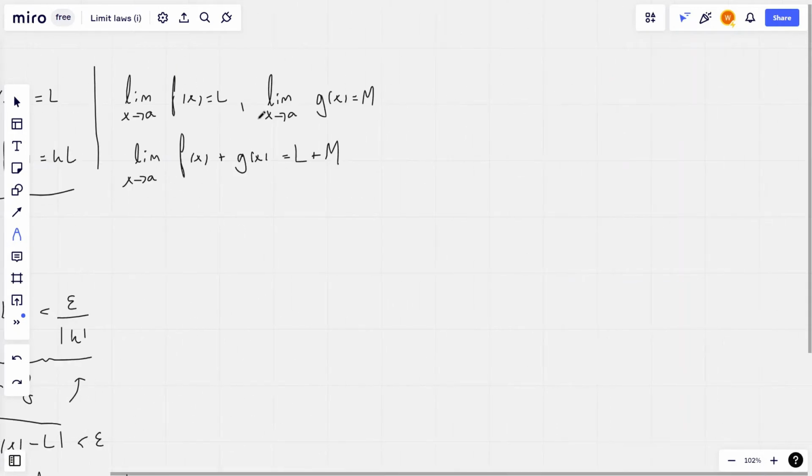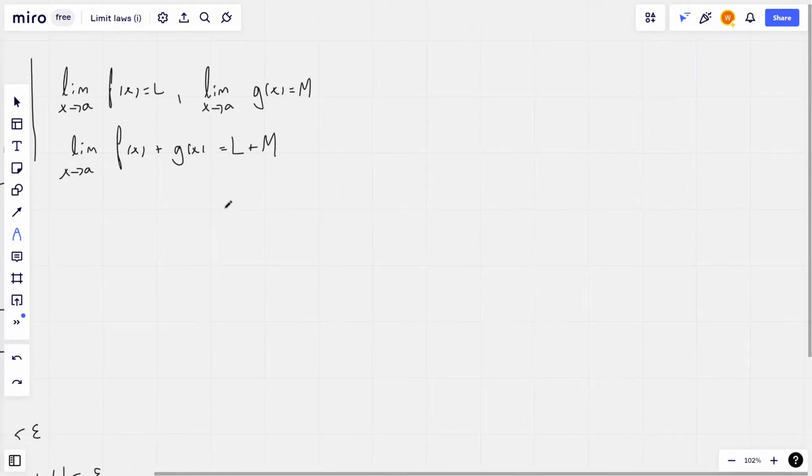Okay, now for the second law, this is what we're trying to show here. By definition, if we have the limit as x goes to a of f of x equal to l, then we also have some absolute value of x minus a being less than delta 1, and by the limit of g we also have some absolute value of x minus a less than delta 2.